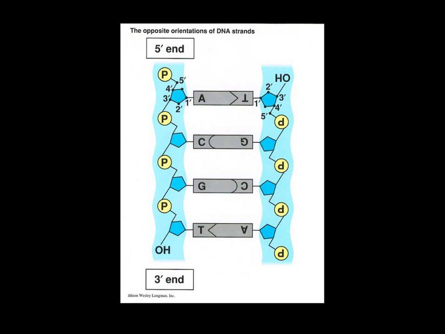So in this particular strand, the 5' end is at the bottom and the 3' end is at the top. Because the strands run in opposite directions, the two strands are referred to as being anti-parallel.